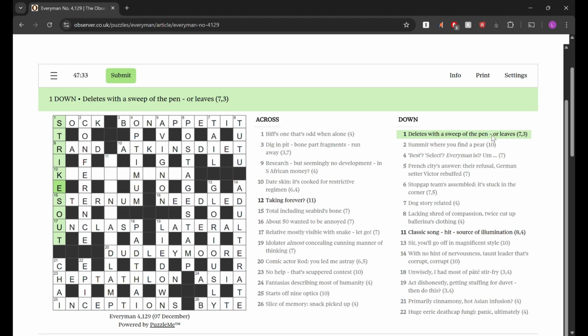Yeah, because if you delete something, okay, so it's like a double definition. If you delete something with the sweep of a pen, you strike it out. Strike out can just mean to leave. Like if you strike out of a competition, you leave the competition.